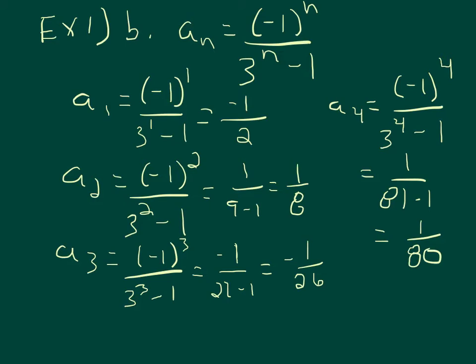So that's example 1, part B. Now, you guys are going to have to do the checkpoint. You're going to pause right here, and then you're going to work on the checkpoint, show me your work, and I will give you the answers so that you can check your work and make sure you're doing things right.